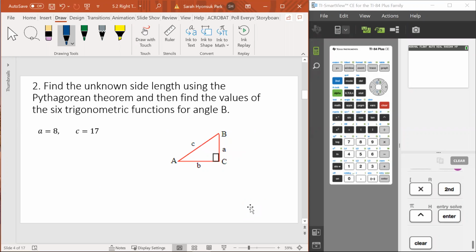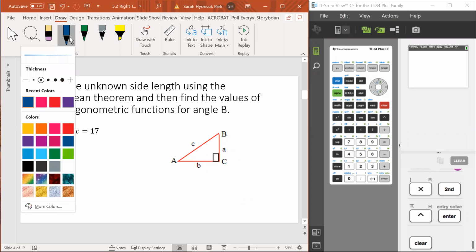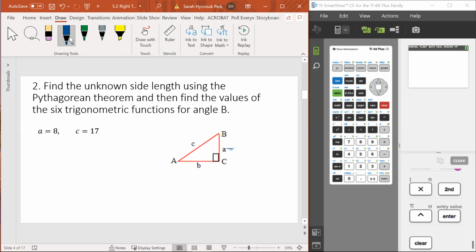Let's take a look at this example together. We want to find the unknown side length using the Pythagorean theorem, and then find the values of the six trig functions for angle B. Let's label the given sides. A is 8 units long, and C is 17.